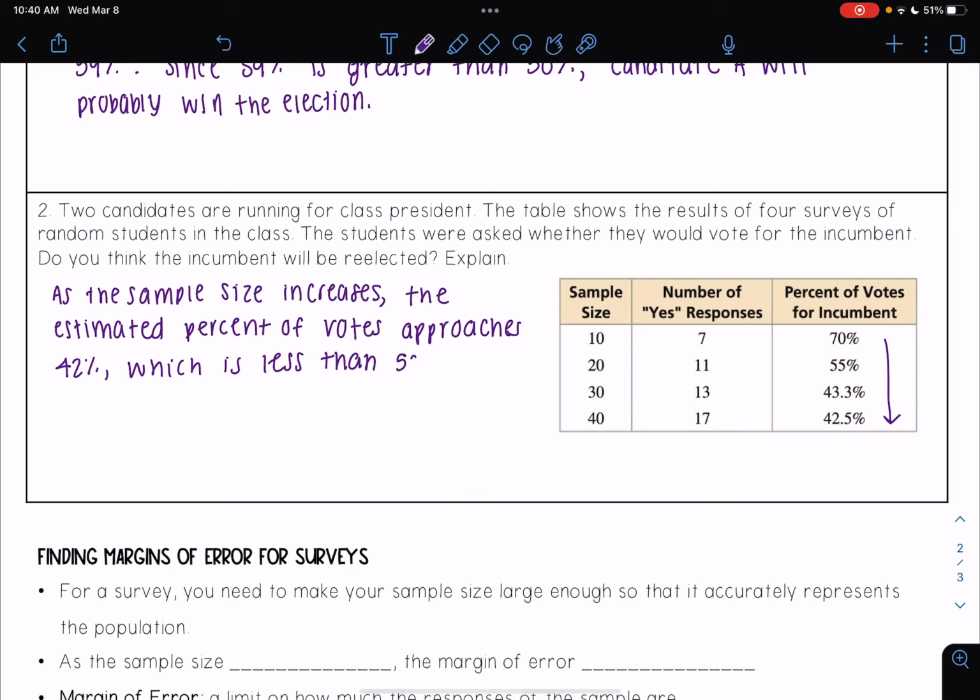And so since it's less than 50%, I can say the incumbent will most likely not be reelected.